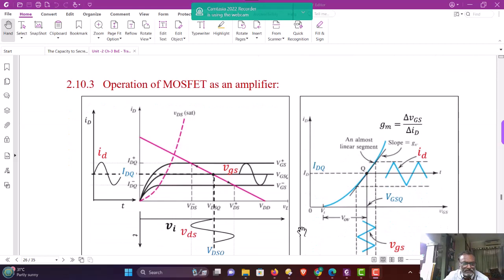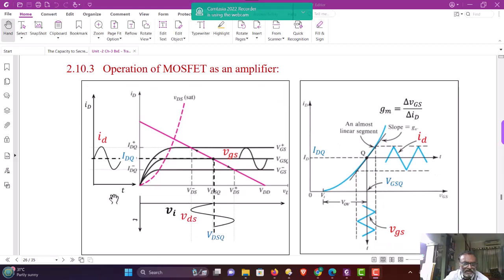The operation we have seen logically can be expressed by using graphical characteristics. Let us see the operation of the MOSFET as an amplifier from the graphical characteristics. The first figure indicates the output characteristics and the second figure indicates the input characteristics.